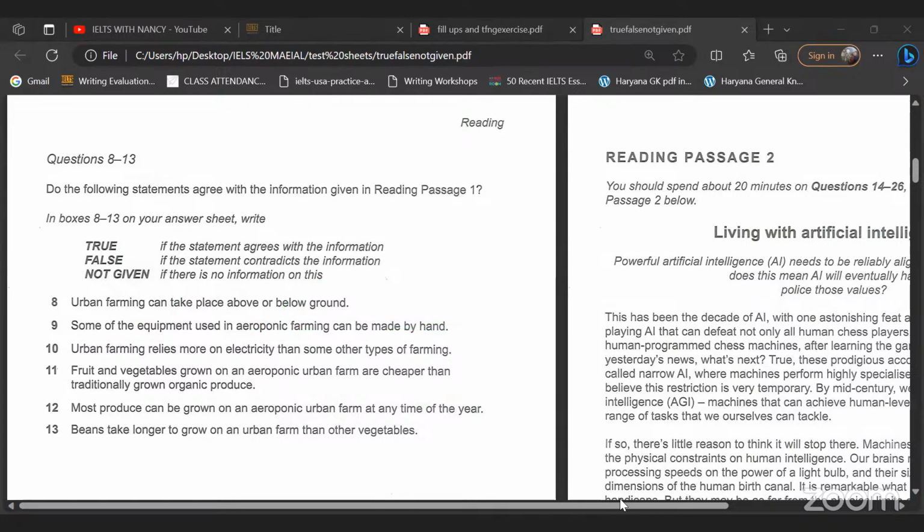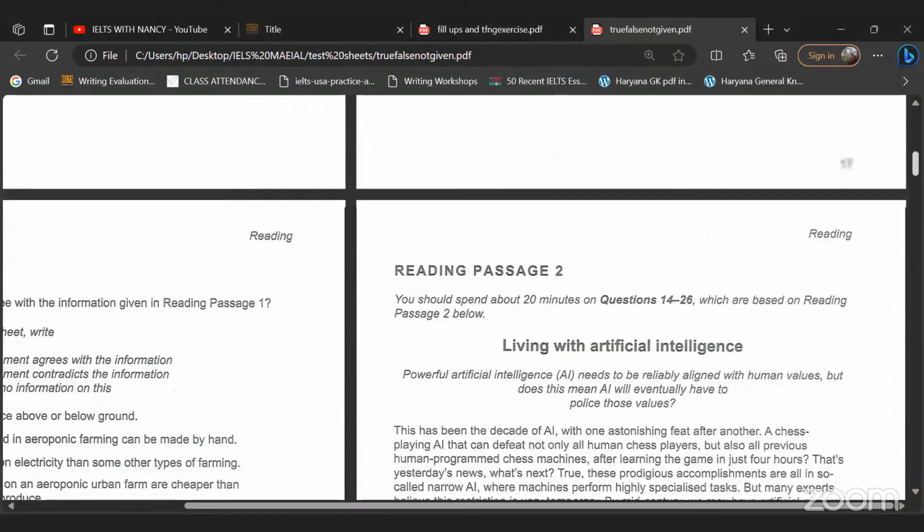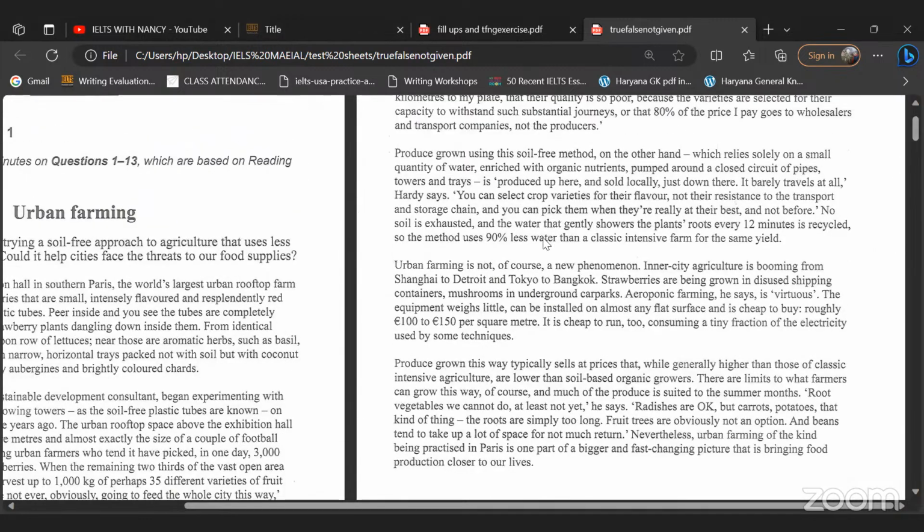You will be getting the same in the subsequent lines of the same paragraph that I read before the previous question. So it is written equipment beforehand: equipment, aeroponic farming, hand. Equipment, aeroponic farming. Do you find anything about equipment, aeroponic farming?